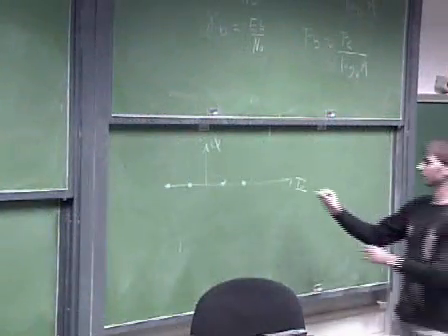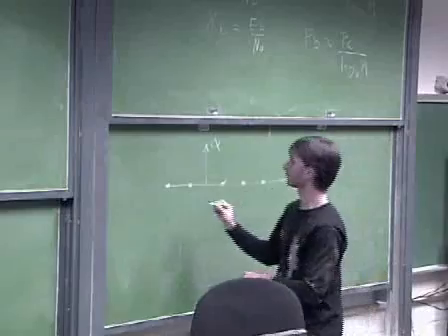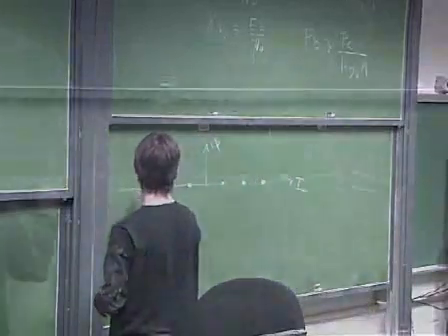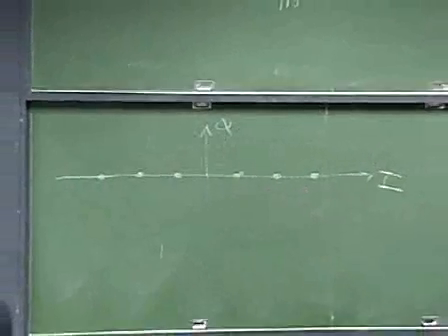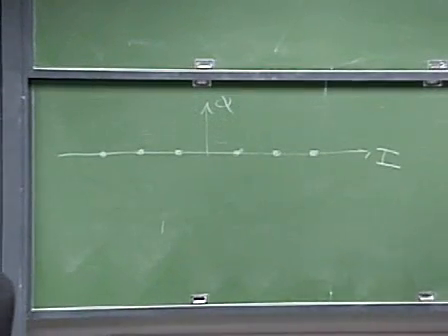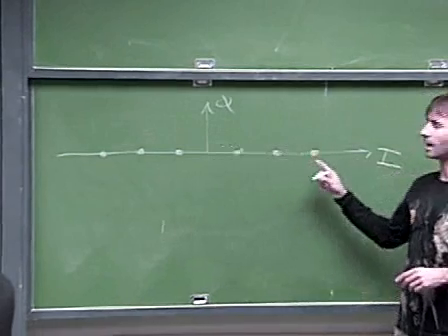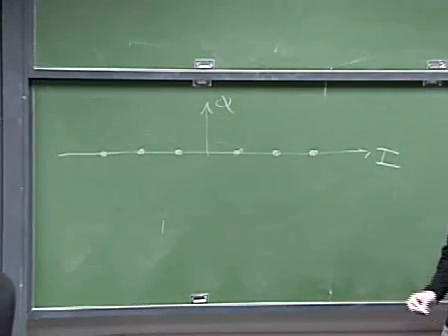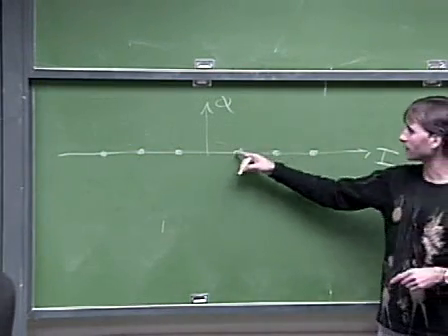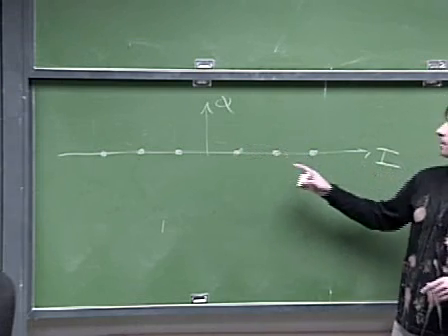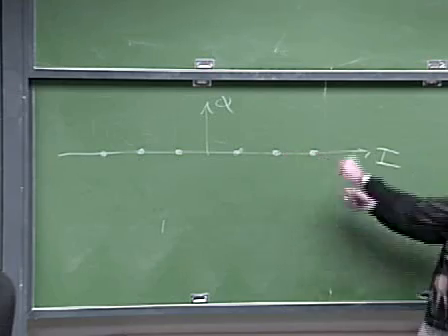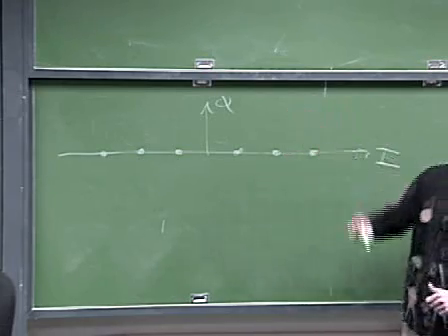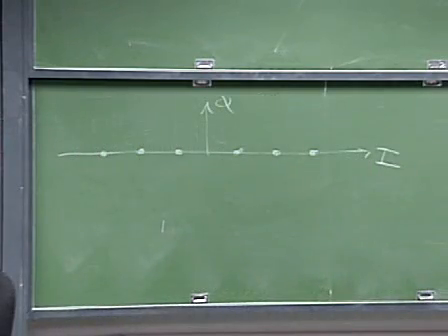Actually, let me draw 6. One can easily see that there are 2 classes of points here: the ones on the extremes, and then everybody else. Why the difference? Any point in the middle has 2 neighbors, one on the right, one on the left. But the 2 points on the extremes only have 1 neighbor, because there's nobody else this way or that way. So we have these 2 classes of points, and we have to treat them differently.